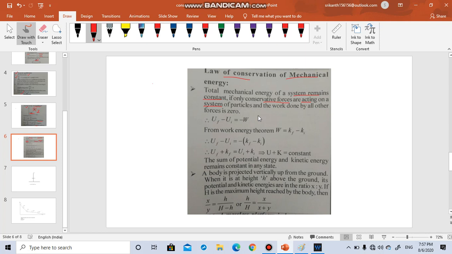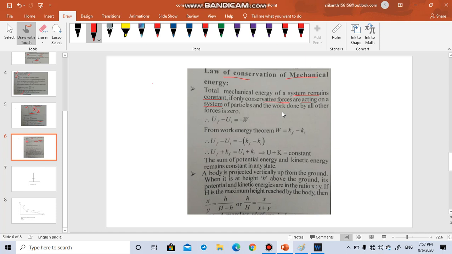Okay, if you take friction, friction is a non-conservative force. So then this statement is not correct. Then this statement is not true. Only if conservative forces are acting on the system, then the total mechanical energy is constant at two different points. Okay, so this you have to very carefully understand.